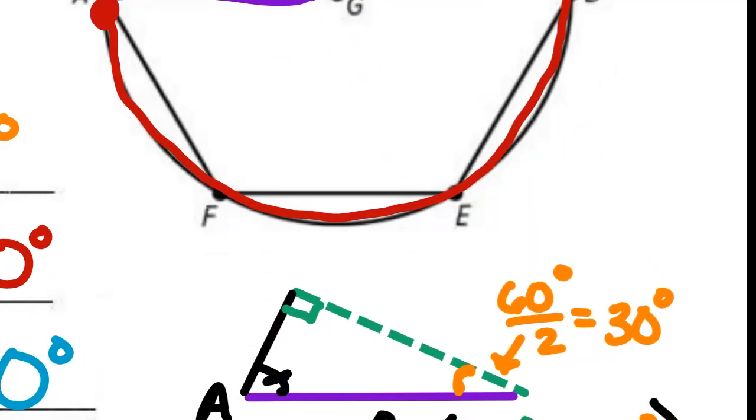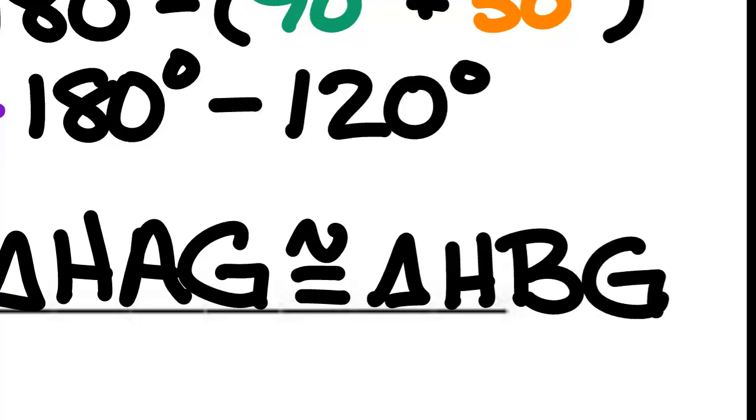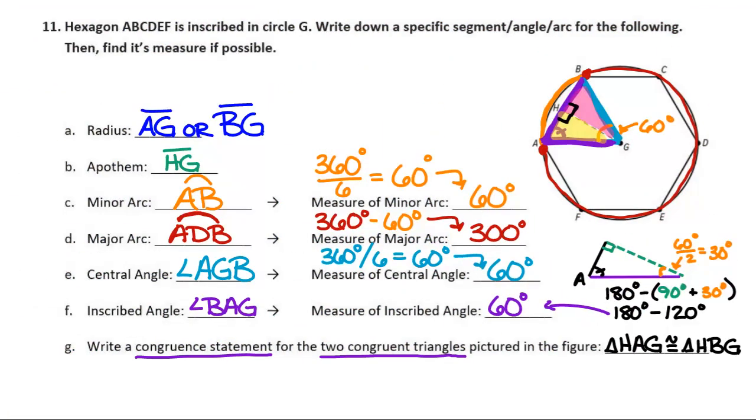Over in my pink triangle, that would be a right angle. So 90 to 90. What would be congruent to angle A in the pink triangle? There's B. So HB, and angle G in my yellow triangle would be congruent to what in my pink triangle? G. So HAG is congruent to HBG.